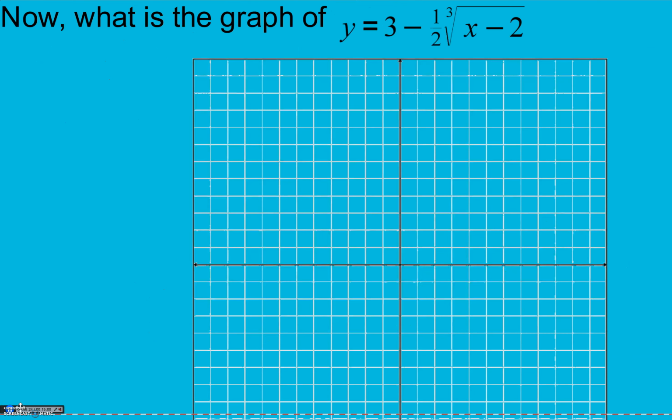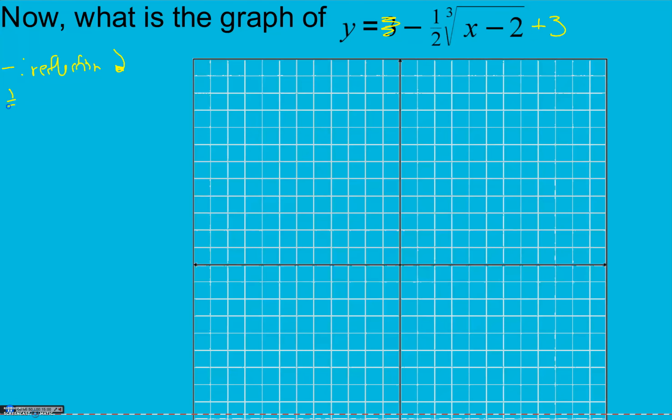Now, feel free to pause here and give this a try. I'm going to rewrite it just a little bit. This 3 in the front is just being added on to my root, so I'm going to move it to the end so that it's in a comparable form to what we normally have. Now, my negative is a reflection across the x-axis.